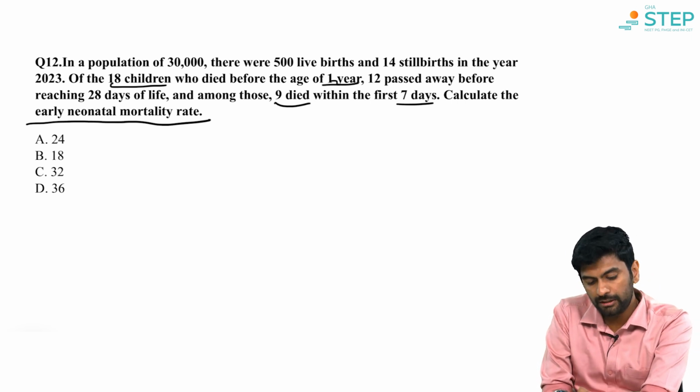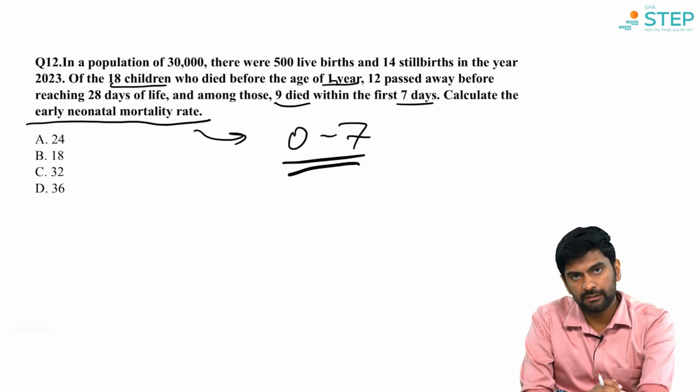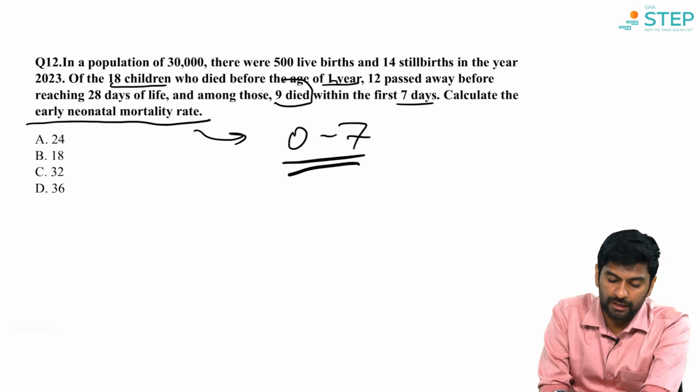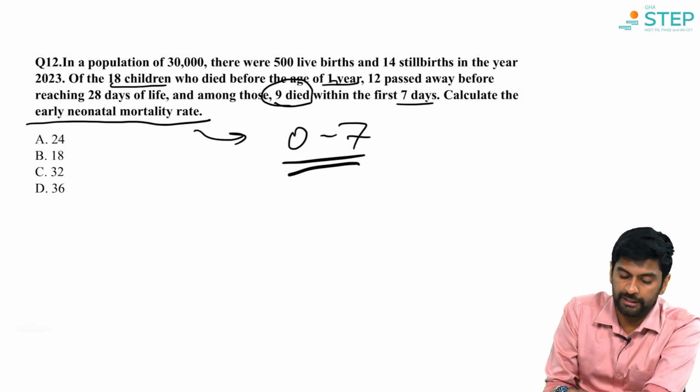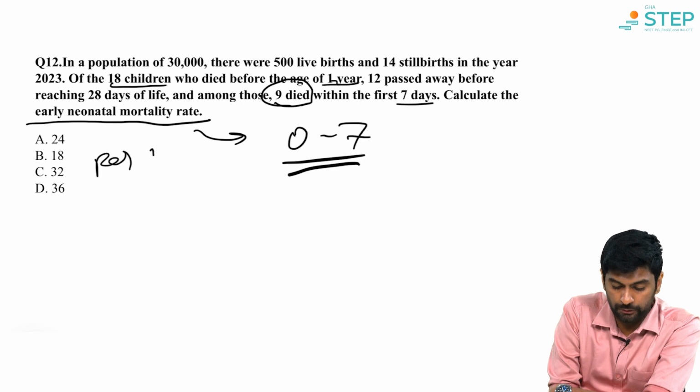Now, an early neonatal mortality rate is from day 0 to day 7. So, within the first 7 days of birth is what classifies as an early neonatal mortality. Now, if there are 9 out of the total 500 and we calculate it, all of this is per 1000, alright?